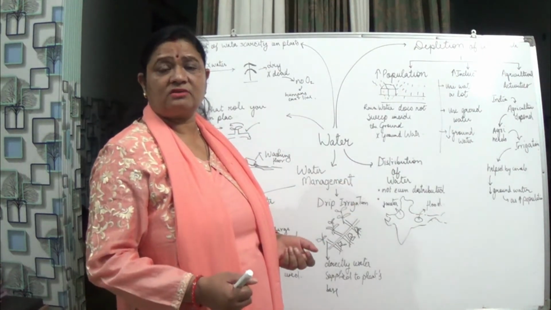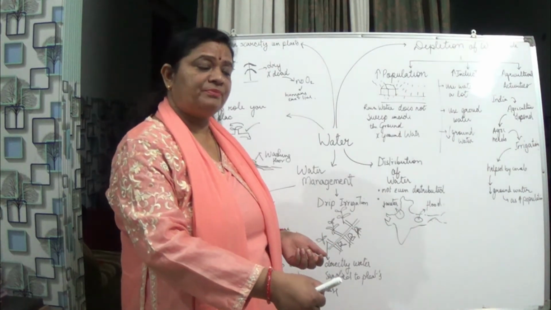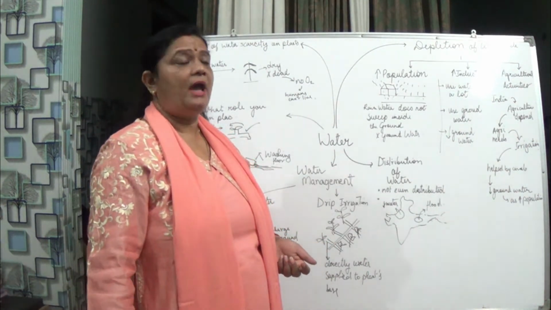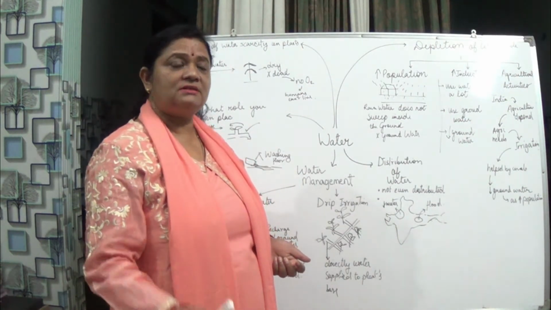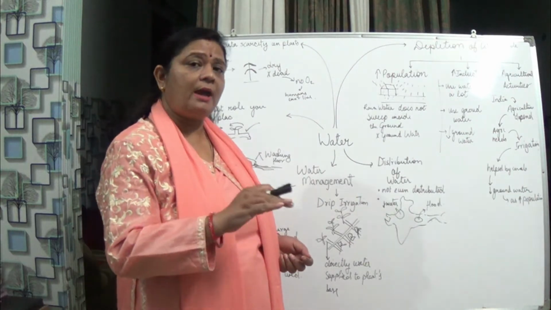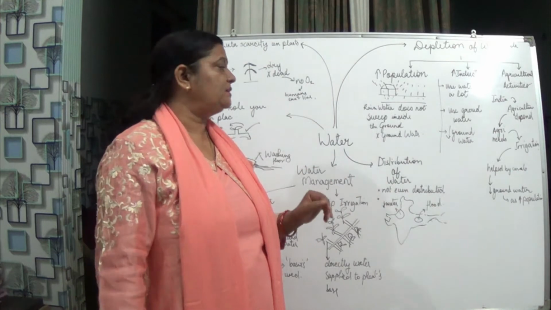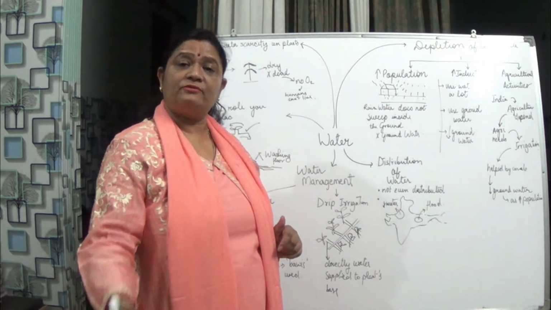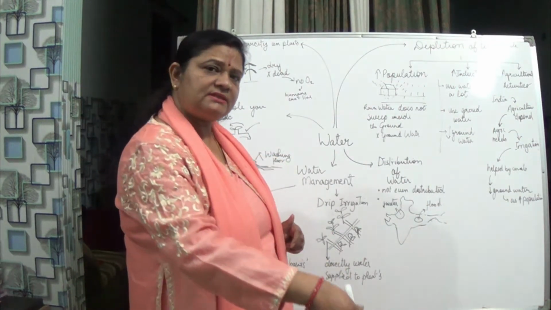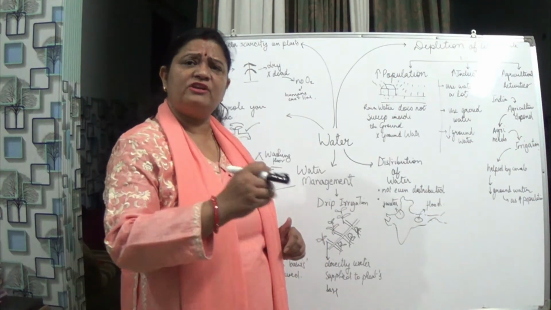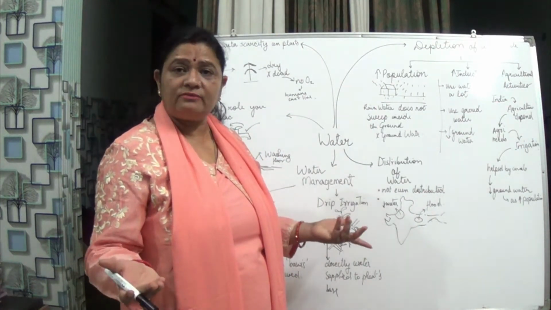Because if the houses are constructed more, what happens? Suppose you drop water on the floor of your house, and you drop a glass of water outside on the soil. After some time you will see that on the floor of your house the water is present as it is, but in the soil where you dropped the glass of water, the water has seeped inside the soil. Infiltration has taken place, but in the case of houses, no infiltration.